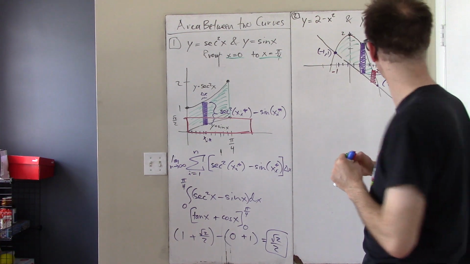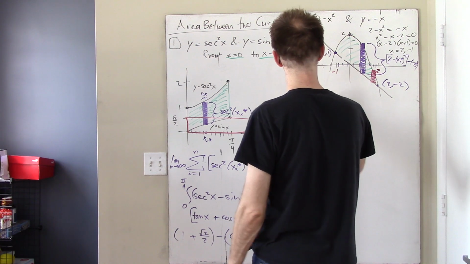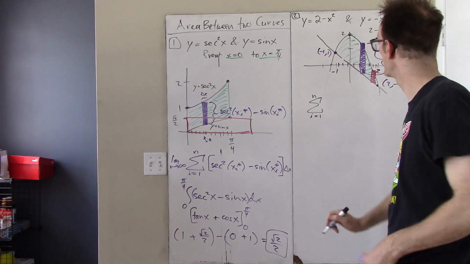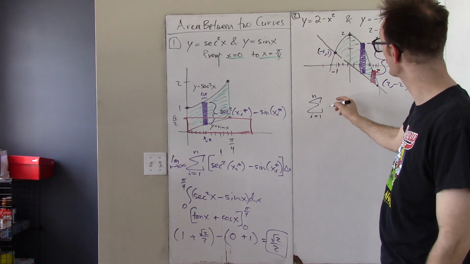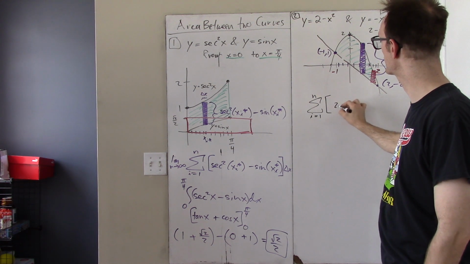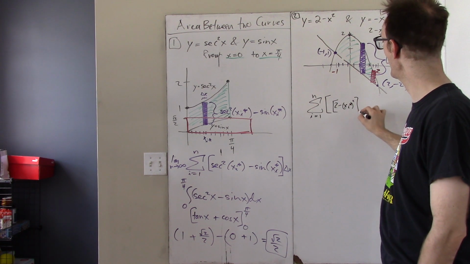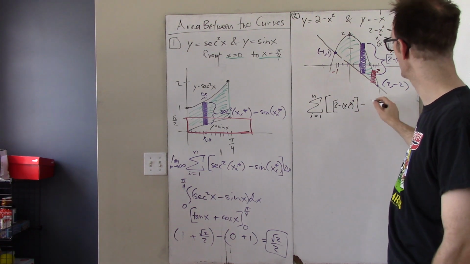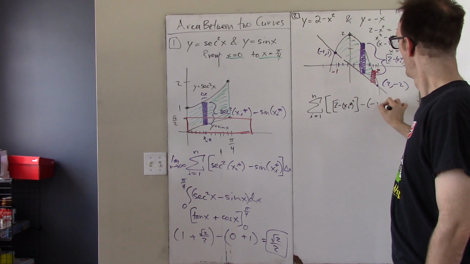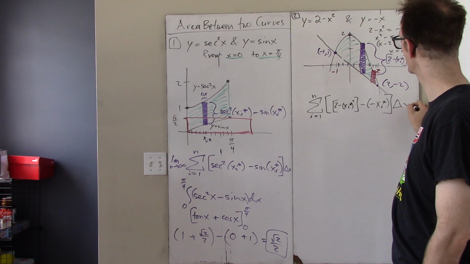What is the problem? Well, we are going to sum up from i equals 1 to n a bunch of things. What things? Rectangles. What are the dimensions of those rectangles? Well, the height of the rectangle is 2 minus x sub i star squared, minus negative x sub i star, and the width is delta x.